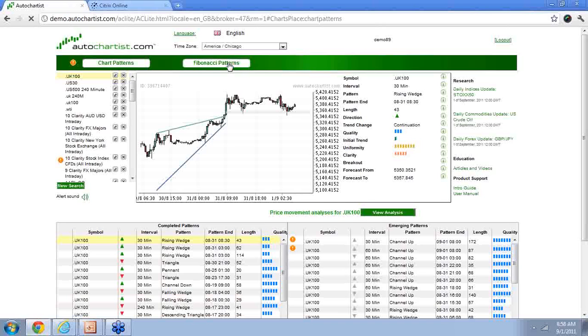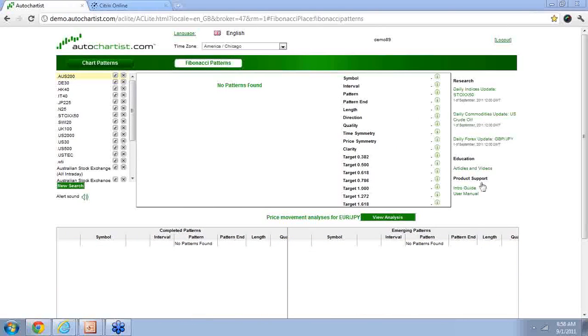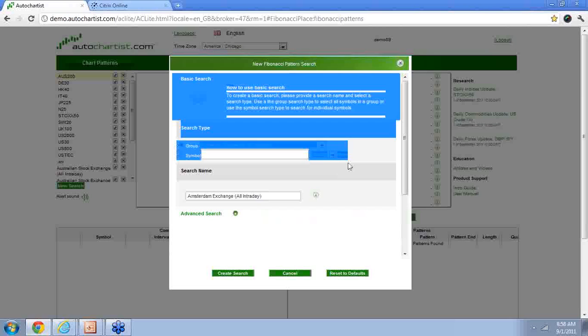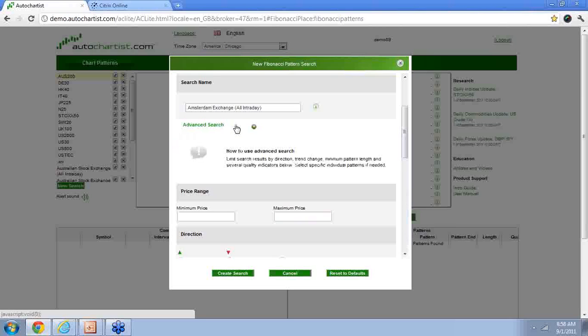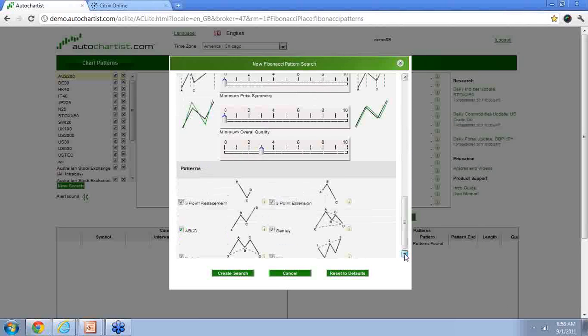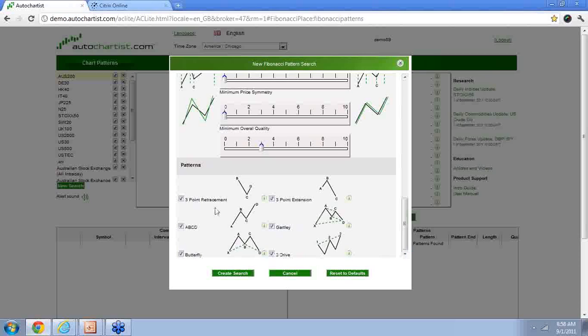the Fibonacci pattern section here, you can go to new search, and in this area you can drop down to advanced search, and you're going to see a list of all the patterns that AutoChartist has that are in the Fibonacci family.